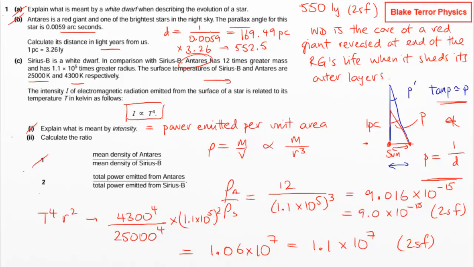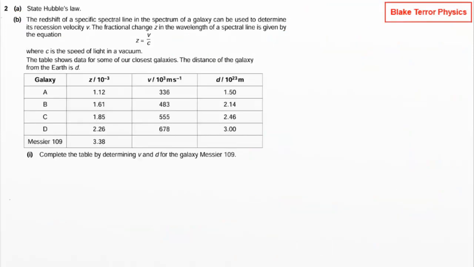Right, so that's question 1. Question 2, state Hubble's law. Hubble's law, right, recessional speed of galaxies. So it's worth saying of galaxies or of objects outside of the Milky Way. You need to make sure that you make it clear that you know that this is not to do with objects inside our galaxy. So recessional speed of galaxies is a good way to go about it.